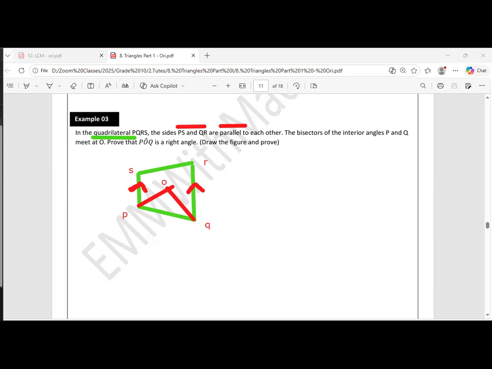If you have already done this one, that is superb. But if you haven't, please draw the big figure and give it a try.